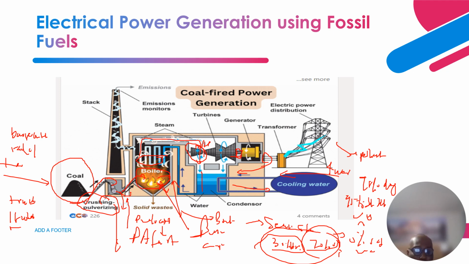Once the steam, after going through the high pressure section of the turbine, comes down here and gets in touch with those pipes in the condenser that carry cooling water, the steam collapses into water, right? So it forms a pool of water at the base of the condenser, ready to be pumped up to start the next cycle.